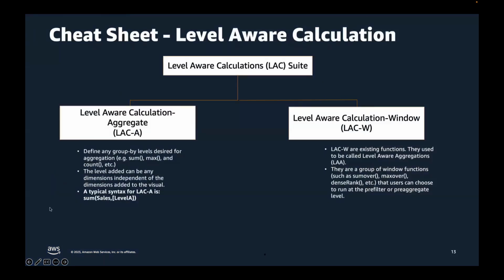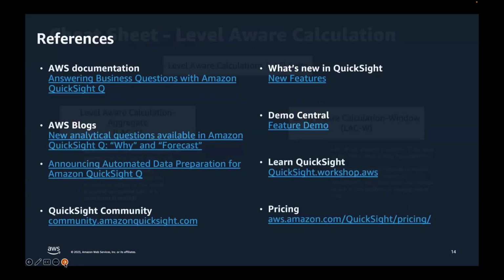I have also created a cheat sheet here for level aware calculations. You can use this for your reference, like a quick cheat sheet. I have also added a few reference materials here. The AWS documentation for calculation is very good.